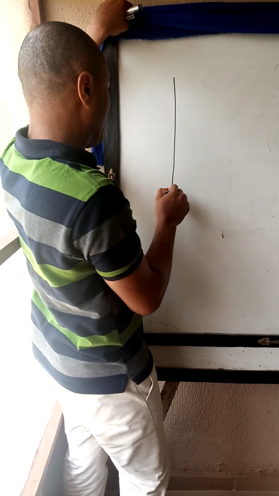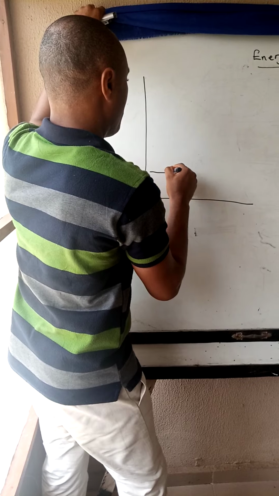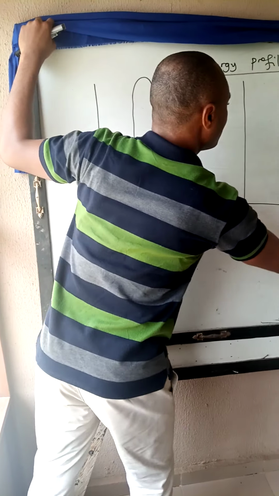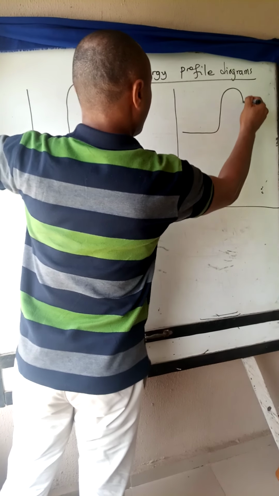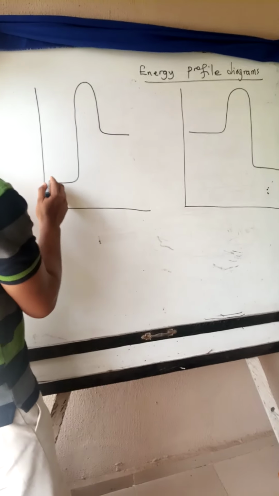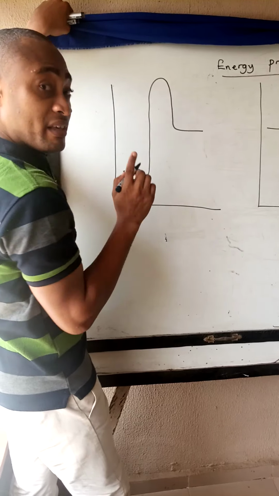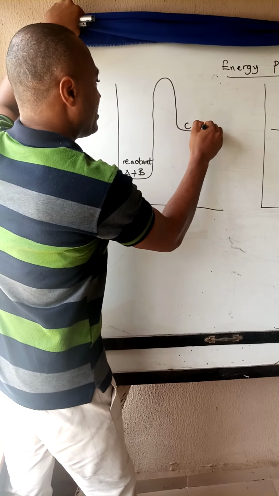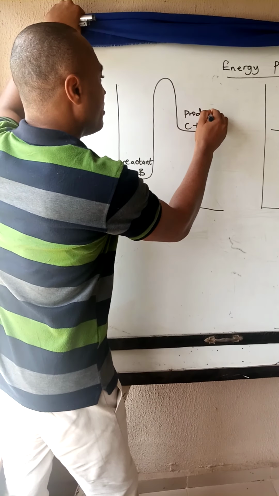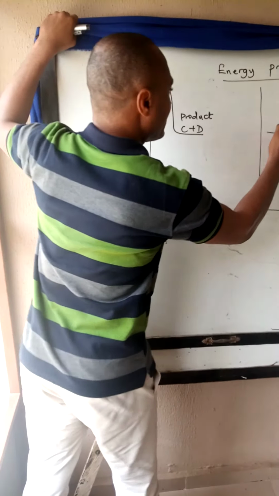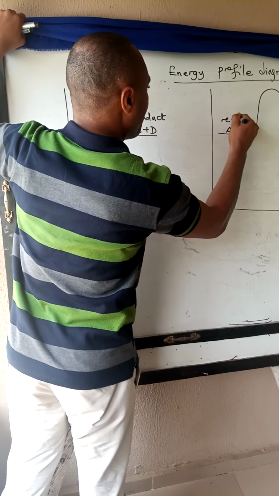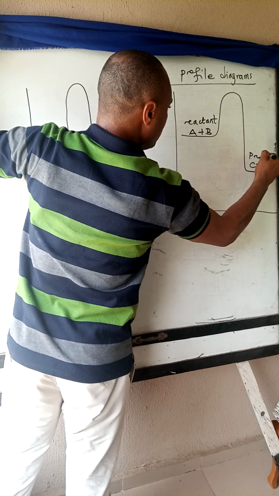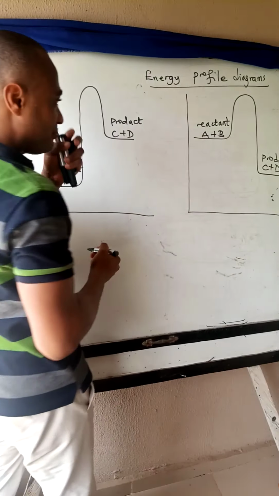So I have this, something like this, and I have the second one. This is my A plus B, the reactant, and this is my C plus D, the product. This is my A plus B also, my reactant, and this is my C plus D, the product.